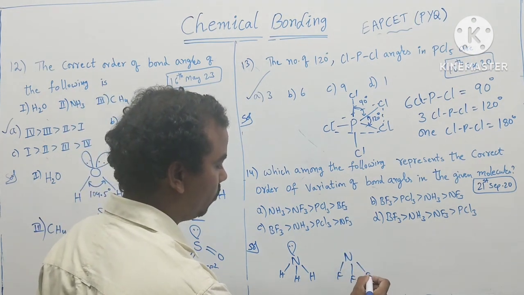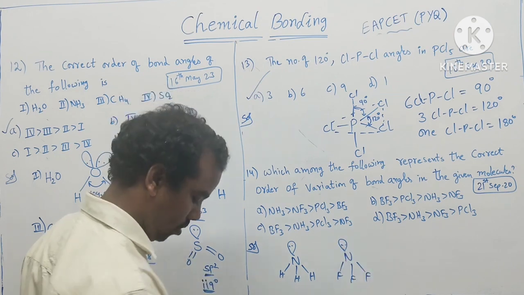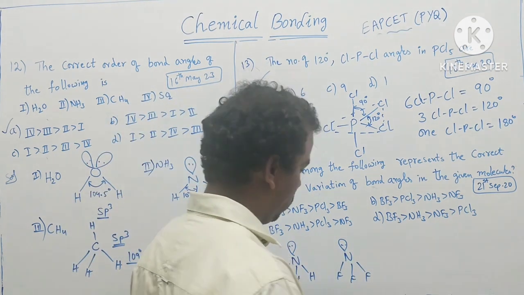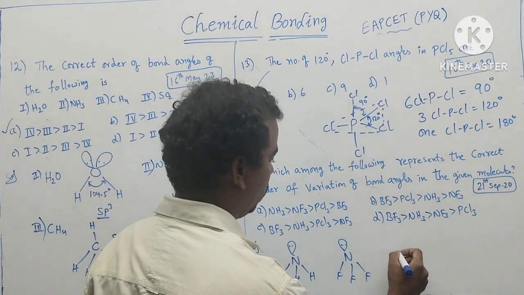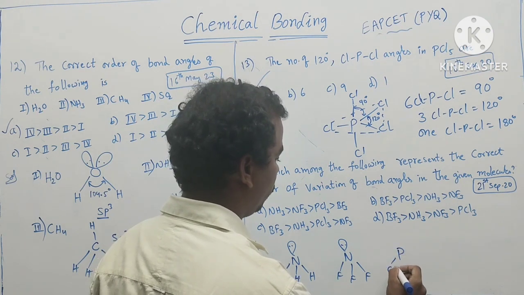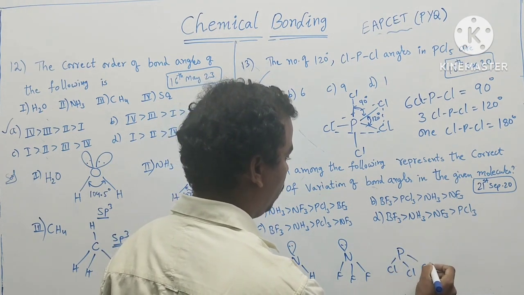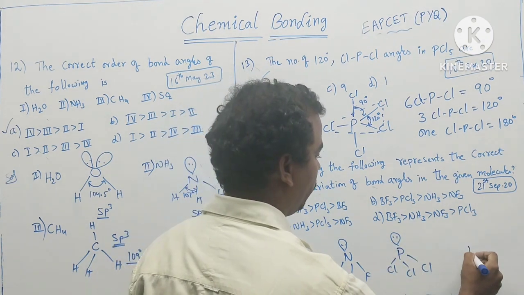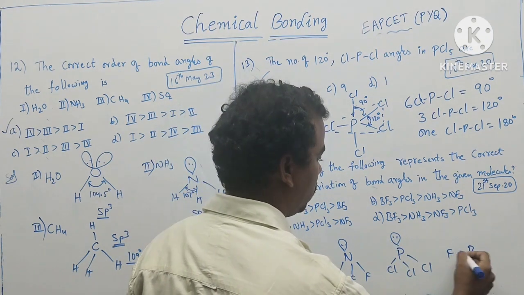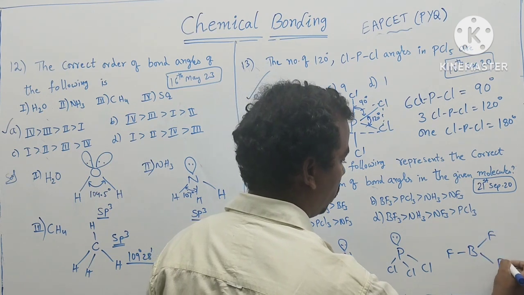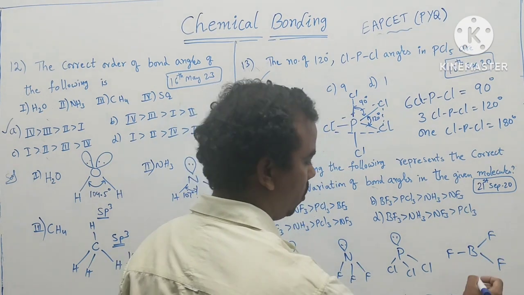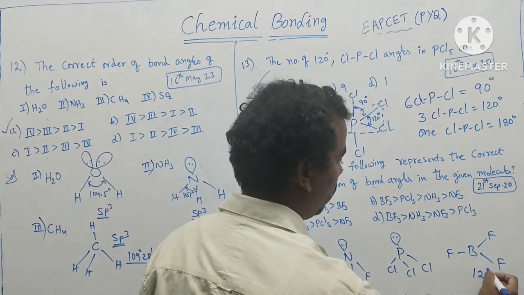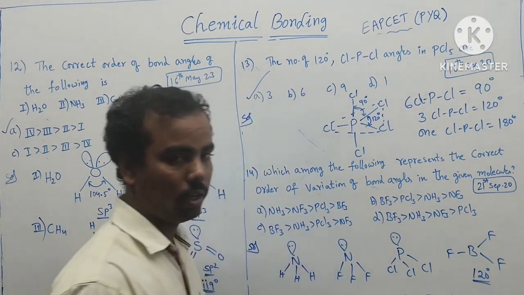PCl3 is also pyramidal, with one lone pair. Next, BF3 has trigonal planar structure. The bond angle of BF3 is 120 degrees.